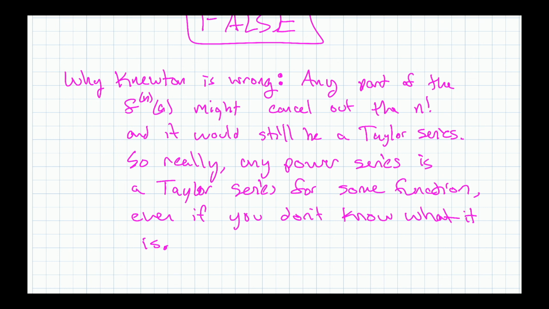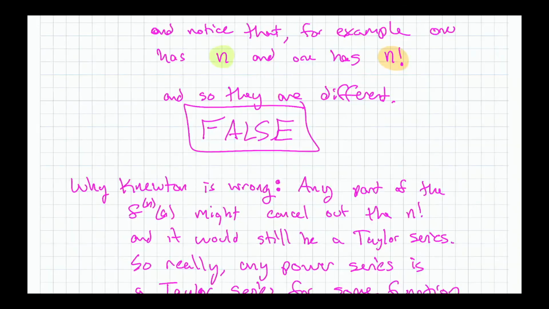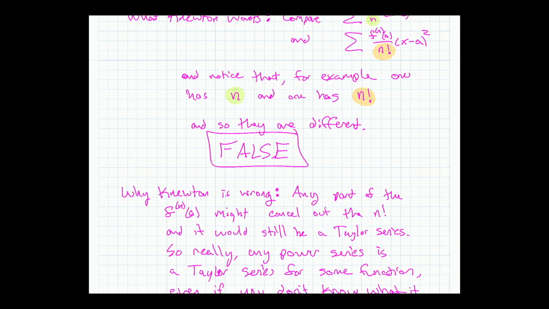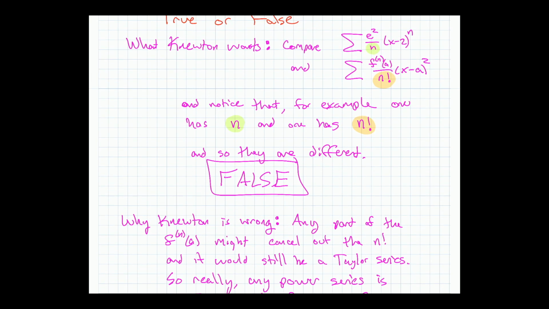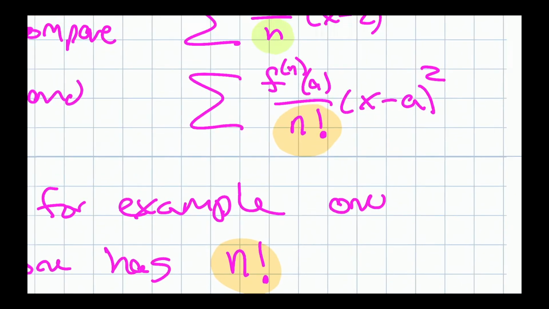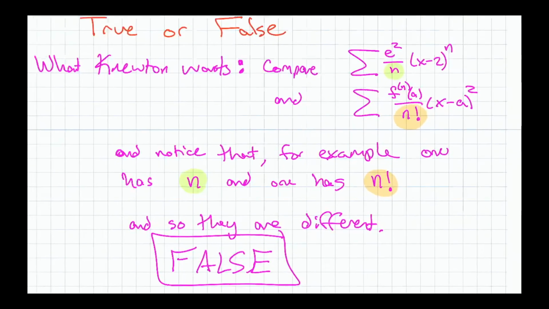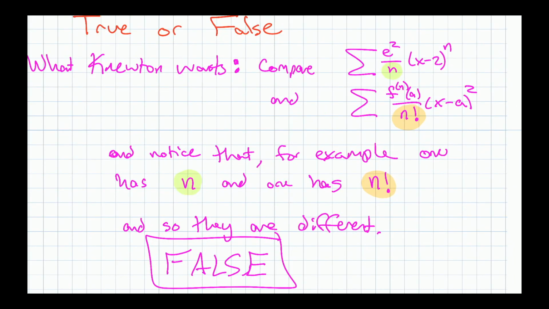Well, every power series that converges is a function. So every power series that converges is a Taylor series. So Newton has the wrong answer on every single one of these problems. Again, what you're supposed to do is just compare what they give you to the basic formula here, and if it is different, you say false. And if it is the same, you say true.